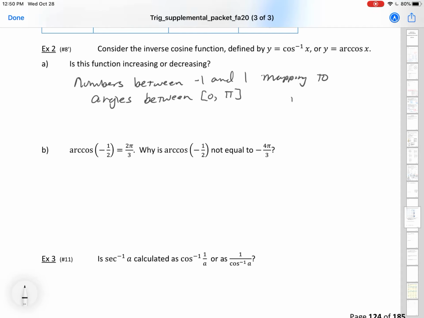So let's try some things. Let's take a look at the function itself. Its domain is from -1 to 1. So here's -1, and we'll put 1 way out here. Its range is between 0 and pi. So what about at -1? What is the cosine inverse of -1? What value do we have? Well, we have pi.